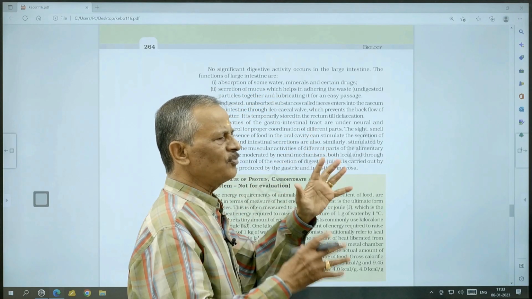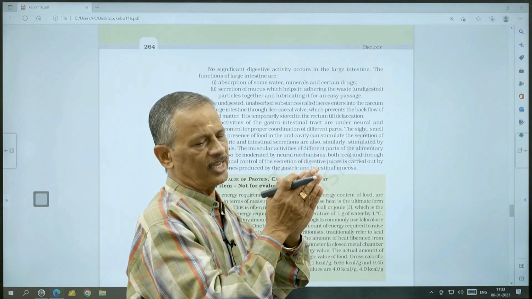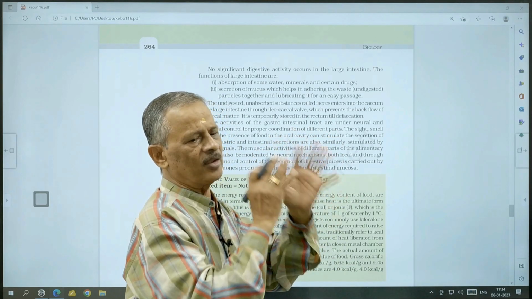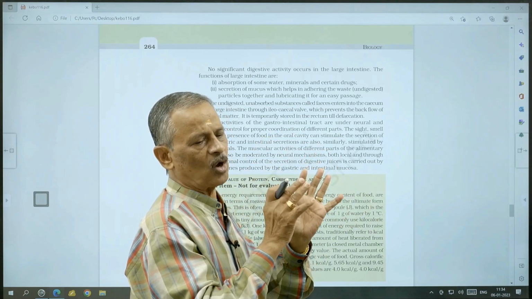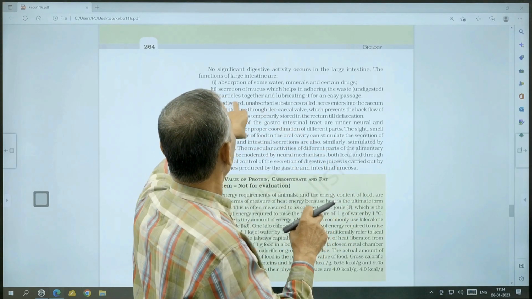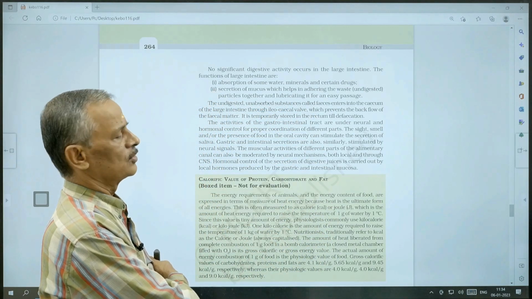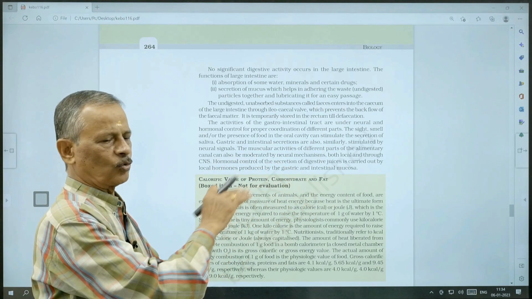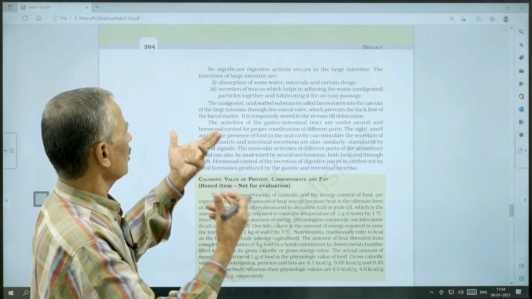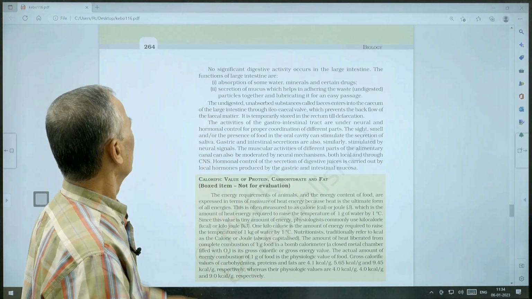With the help of this mucus, undigested materials adhere to one another. They are made sticky and become a semi-solid paste from which water is absorbed. So they become a lubricating structure for easy passage till they are ejected out. They are converted into feces in the rectum.